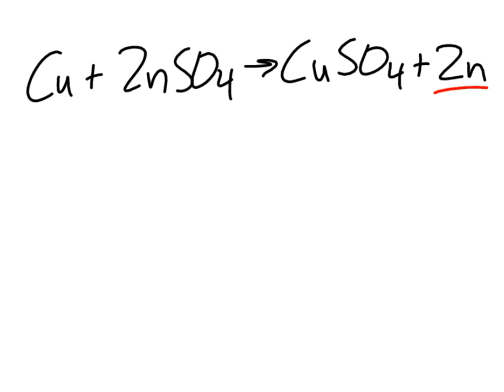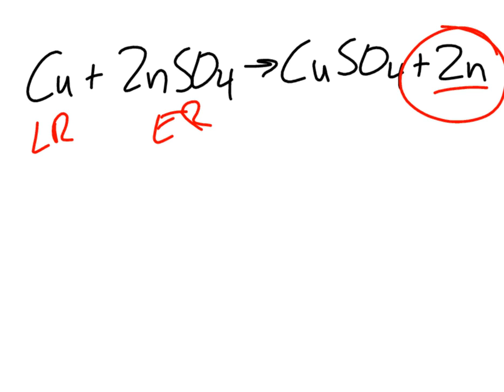Obviously I don't have any masses right here, I'm just doing this as an example, but if this is the limiting reactant and this is the excess reactant, when you're finding out which one's limiting, use this as your product, because you've got to find the theoretical yield anyways.